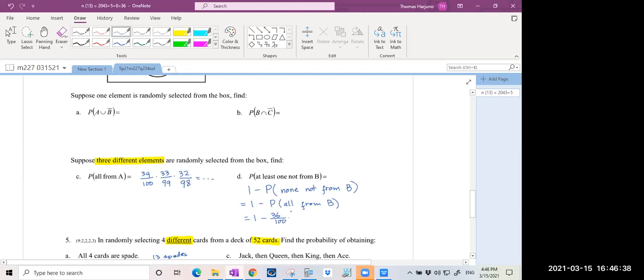When I get it the second time, the probability this is also from B is 35 over 99, times the third one is 34 over 98. So then that's 1 minus something, right, equals something.